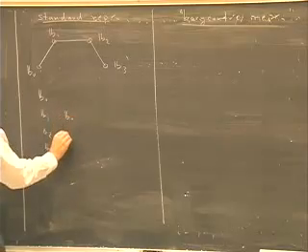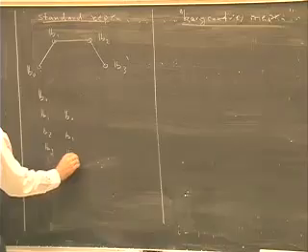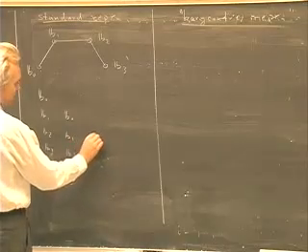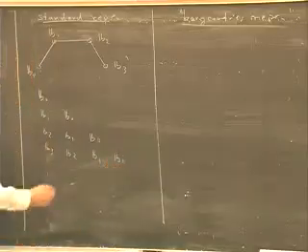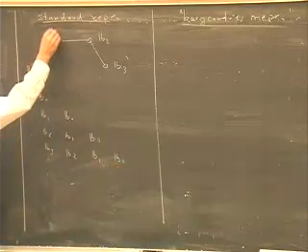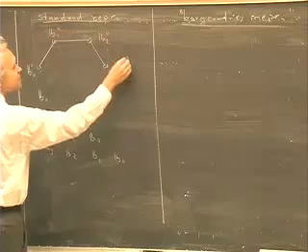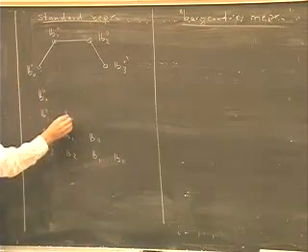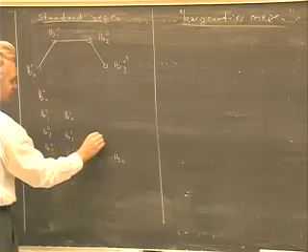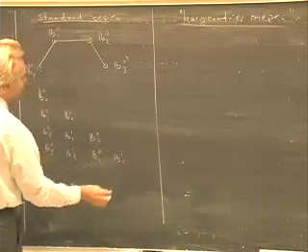Now I give them generation indices: this is generation 0, the originals, then first generation, second generation, and third generation.